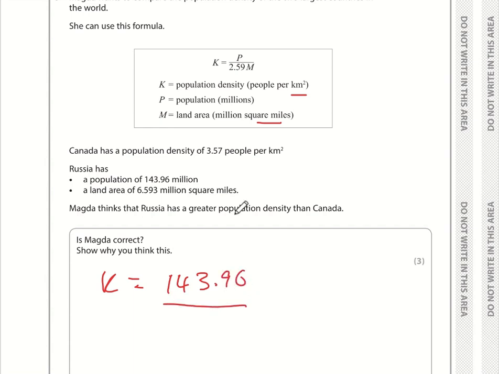143.96 divided by 2.59 M. So that's 2.59 multiplied by M, which is the land area in millions of square miles, and this is in millions of square miles, so 6.593.